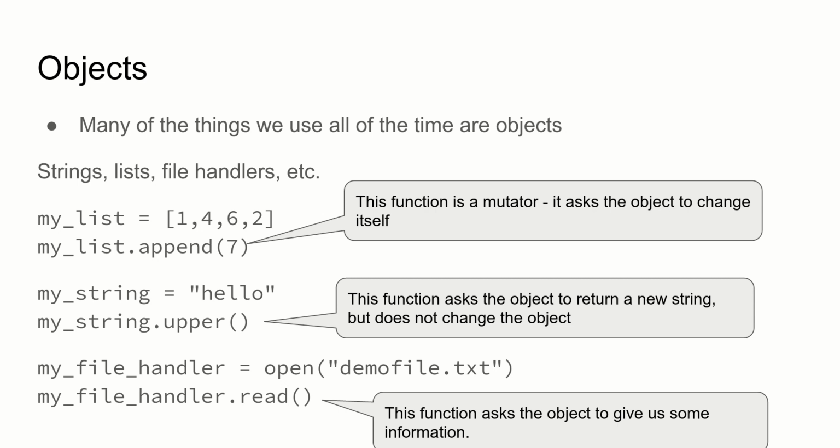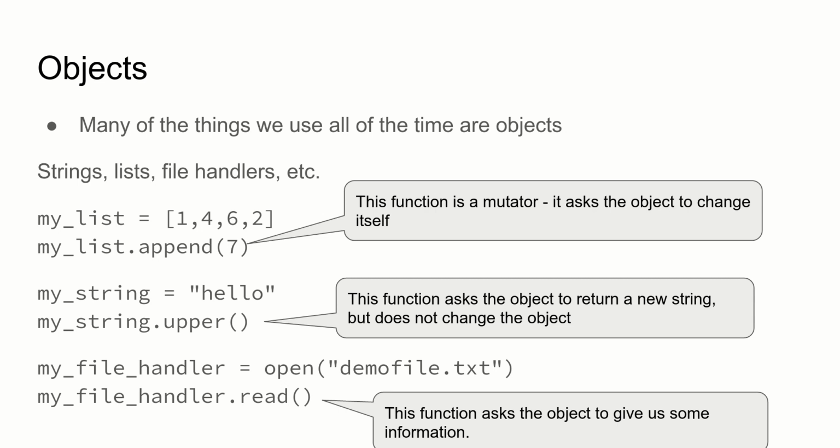So that's not a mutator. That's an operator, a mathematical operator. But a mutator is a function that you can call with an object and it changes the original object itself. This would cause my list to be 1, 4, 6, 2, 7.